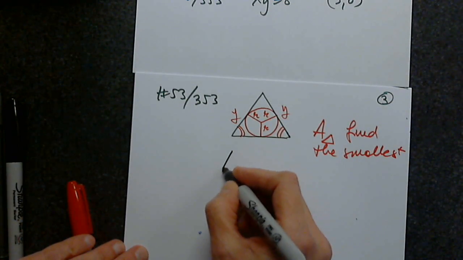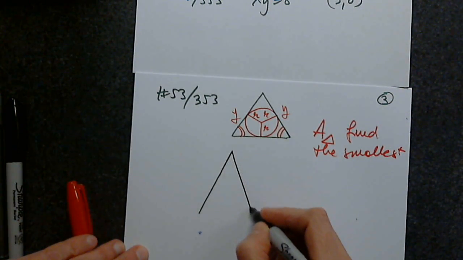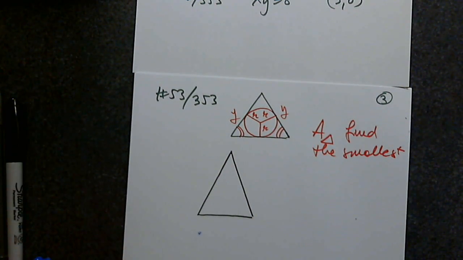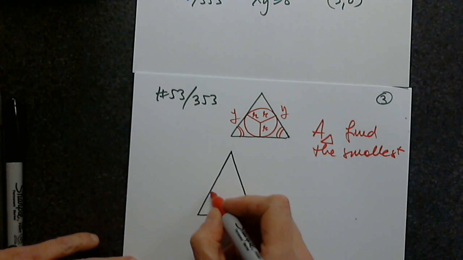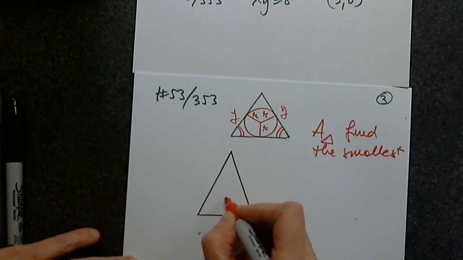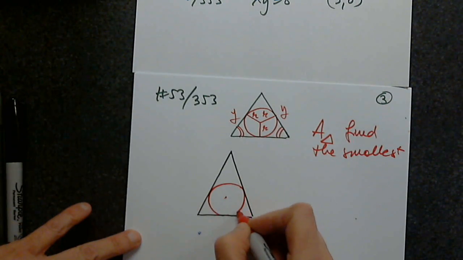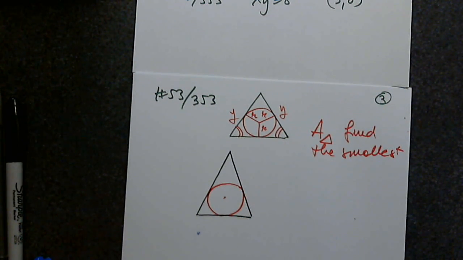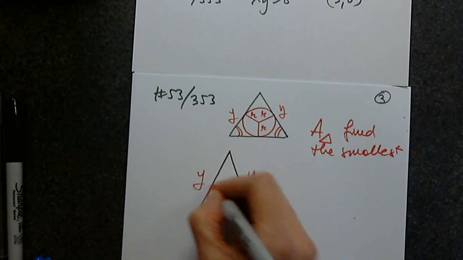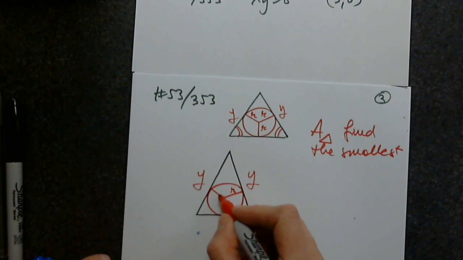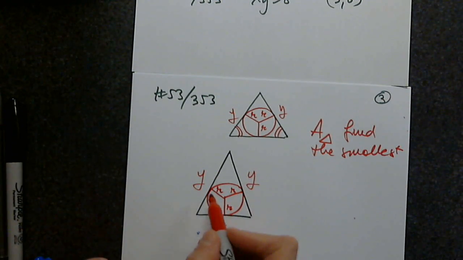So let me redraw it. Is this better? So it doesn't look like it's equilateral. So this is y, let's say this is x. Here is r and r and r. Perpendicular.